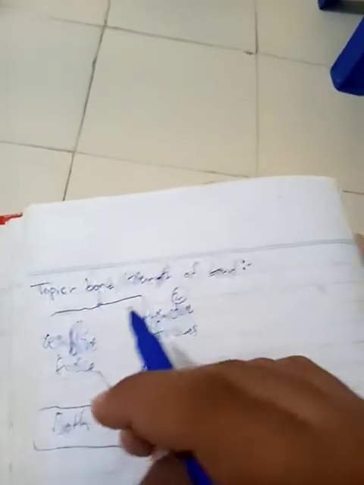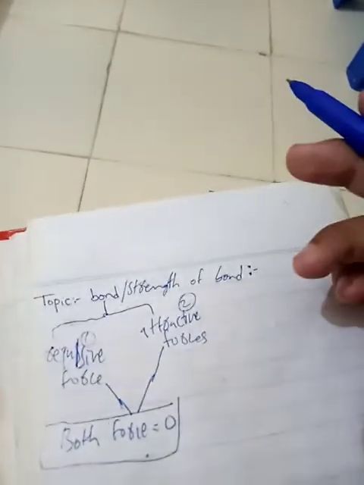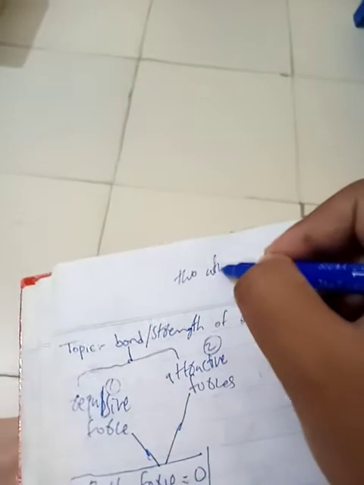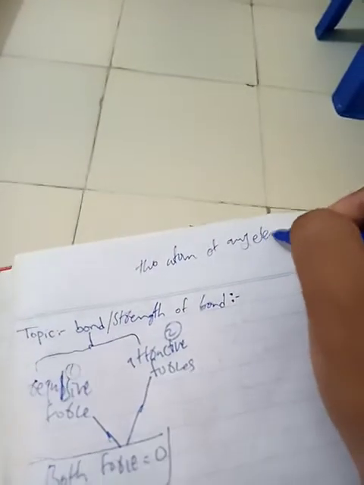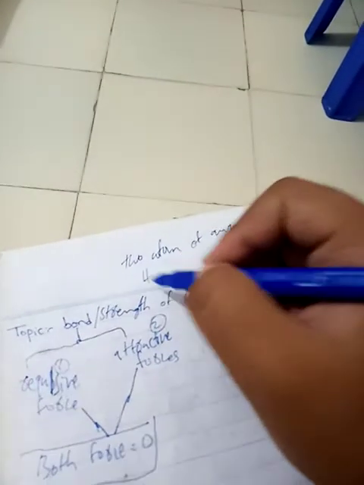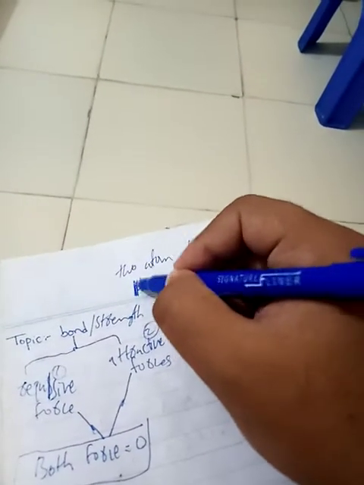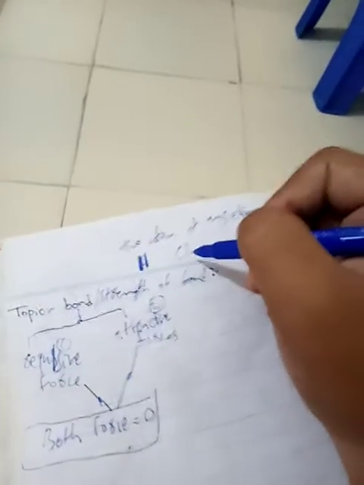These two forces are required when two atoms of any element bond. Like here we have hydrogen, which is an atom of the hydrogen element, and here we have chlorine.